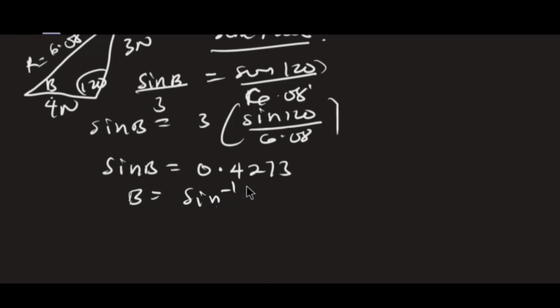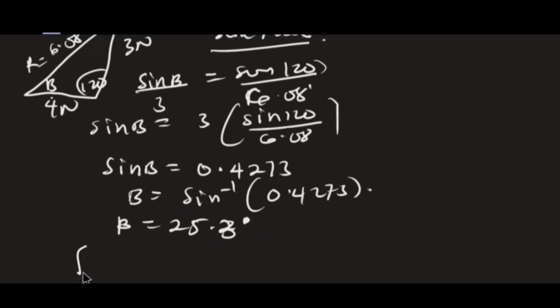Sine inverse of 0.4373, and the angle I'm getting, beta, is equal to 25.3 degrees. So now the magnitude is 6.083 and the direction is 25.3 degrees. And this is equal to the resultant.